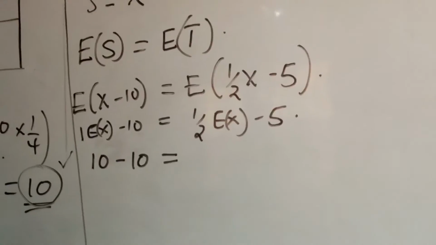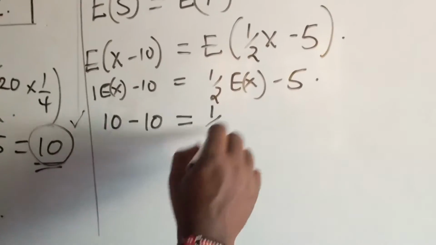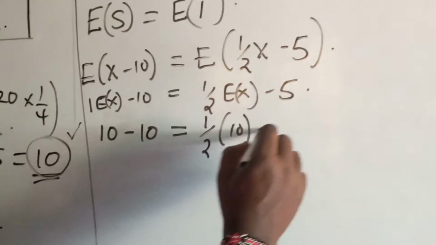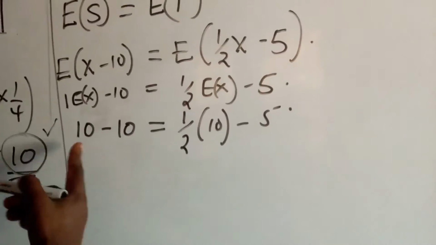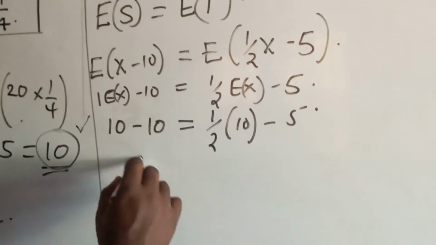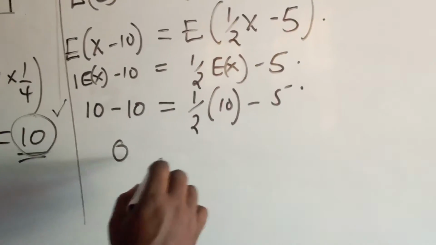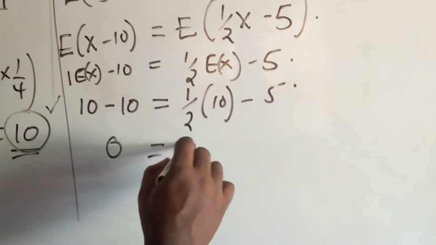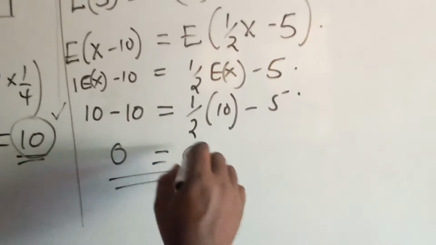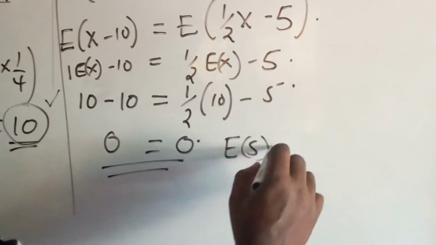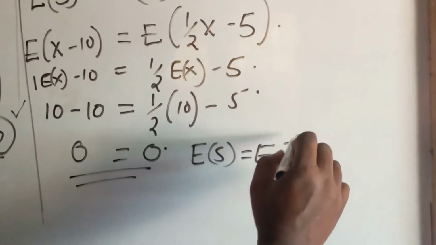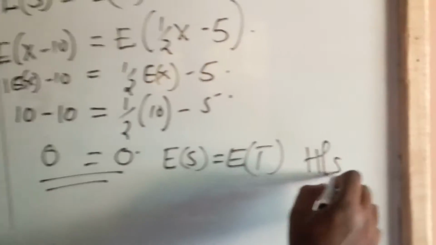This should be equal to a half times E(X), which is 10, minus 5. Obviously 10 minus 10 is 0, and a half times 10 is 5, minus 5, which is equal to 0. So therefore E(S) is equal to E(T), hence shown.